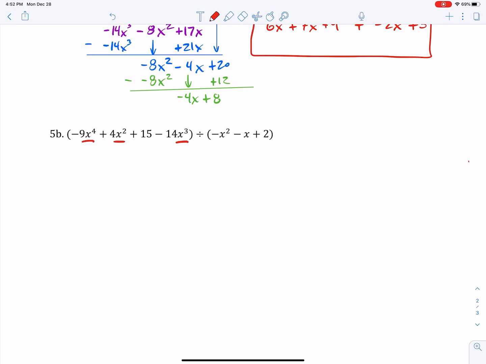So what you would need to utilize in your dividend is you would have your plus 4x squared, and then you need to add in your 0x, and then your plus 15. Okay, so I just did the back end of your dividend. And then you would go from there.